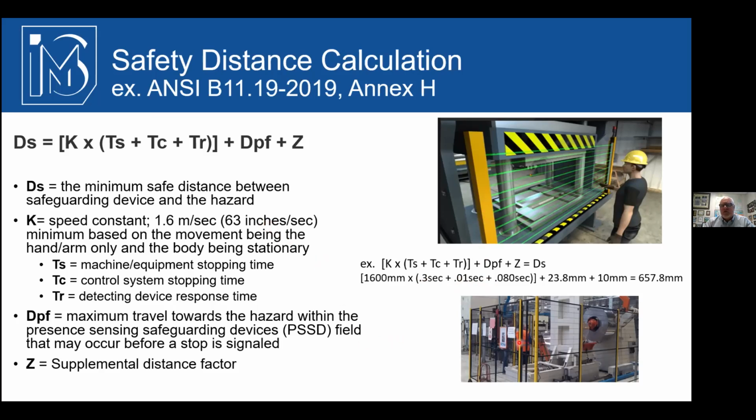The same goes for a separating guard and a movable guard. When I interlock that with the control system, when I open that door and trigger the safety function, how much time do I have for that machine to come to a safe state? This would also determine how far this physical guard needs to be from the hazard. So it's the same safety distance calculation.